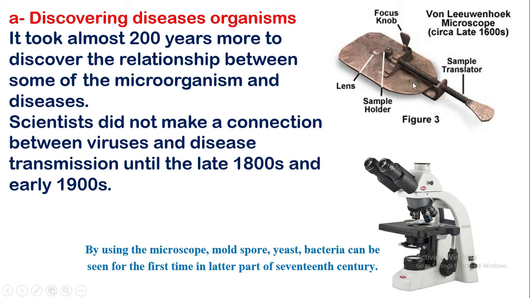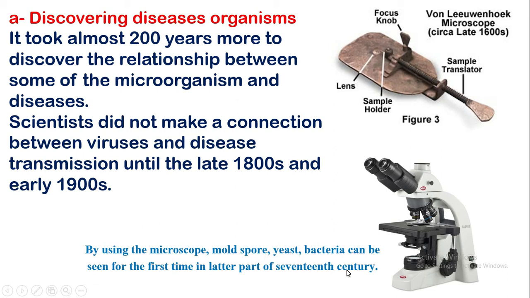The picture here shows the first microscope that was invented by Van Leeuwenhoek. This one is the microscope that we use today in our lab. By using the microscope, you can observe many small organisms, like microorganisms such as mold, spores, yeast, or bacteria, right?